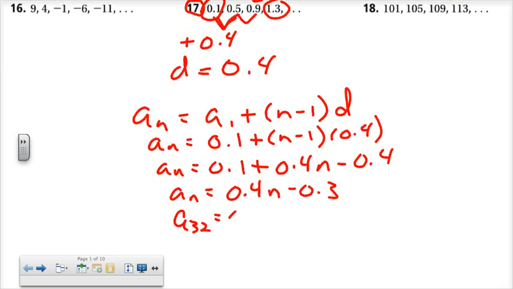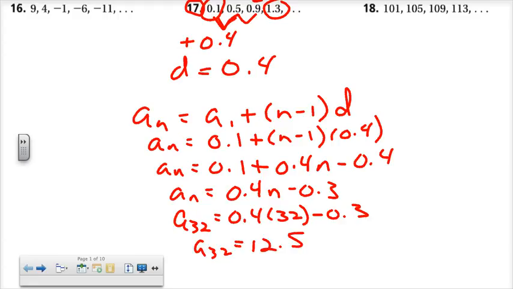So we are going to go ahead and substitute a 32 in for n, and grab a calculator and see what we get for that 32nd term. So 0.4 times 32 minus 0.3. And that is 12.5. So once you have that explicit formula, you can figure out any term that they want.